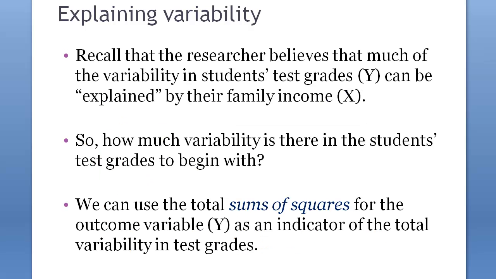Recall that the researcher believes that much of the variability in students' test grades can be explained by their family income. So how much variability is there in the students' test grades to begin with? We can use the total sum of squares for the outcome variable as an indicator of the total variability in test grades.